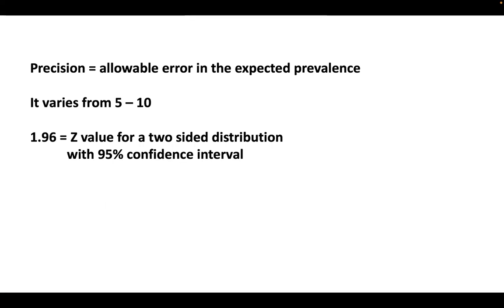What we usually do, sir, is check the previous studies and the variation. If the variation is more than 5% in the prevalence that we get, we go for up to 5% precision. Okay, so at 5% prevalence also we can take 5% precision.